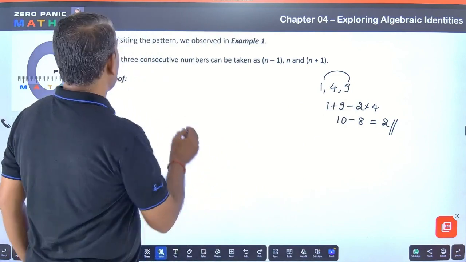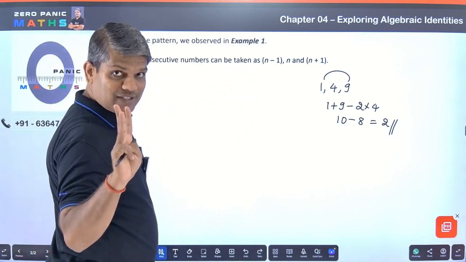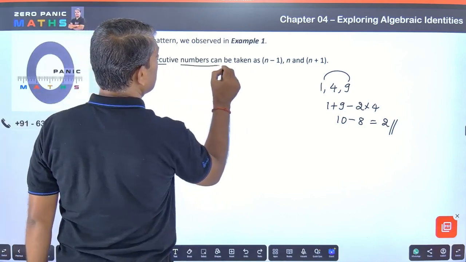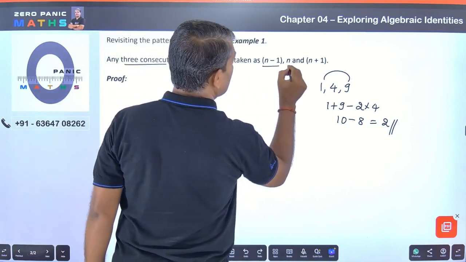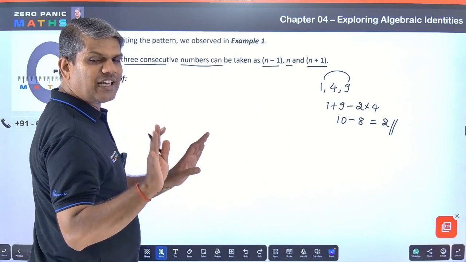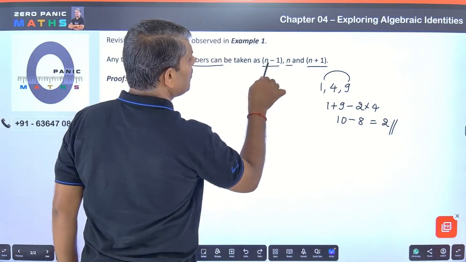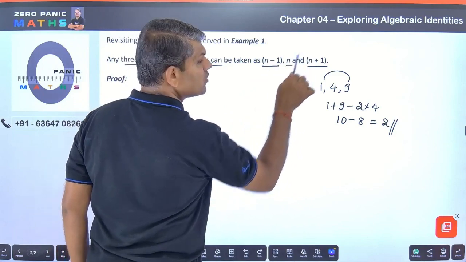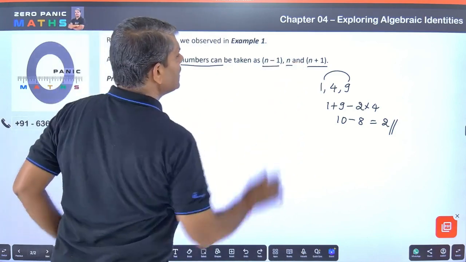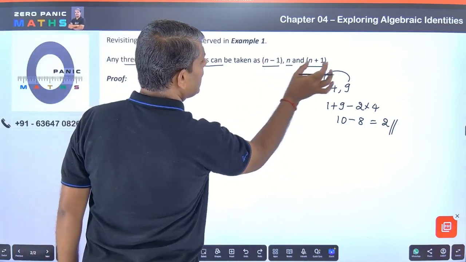So I am taking 3 consecutive numbers in general. Let us represent these 3 consecutive numbers as n minus 1, n and n plus 1. If you consider n as one number, n minus 1 is the previous number and n plus 1 is its next number. Now let us take the square of the first and the third number.